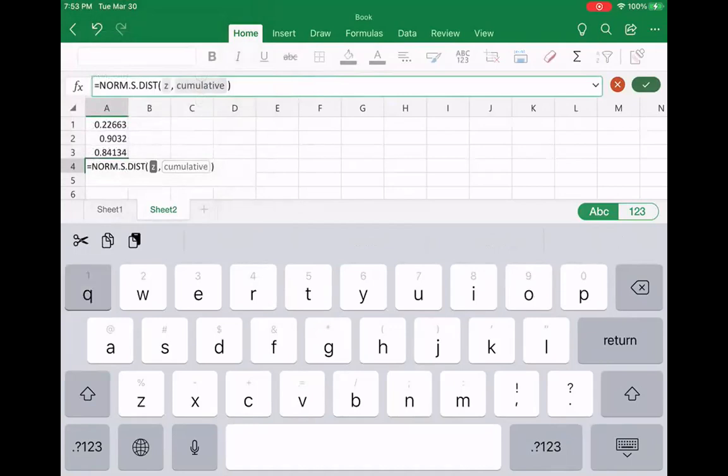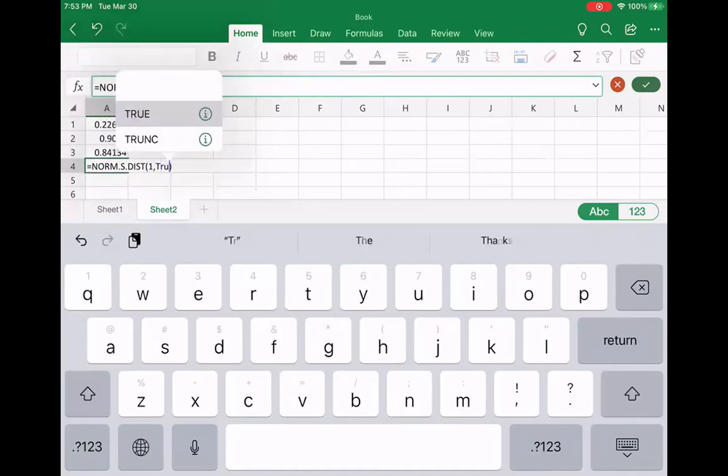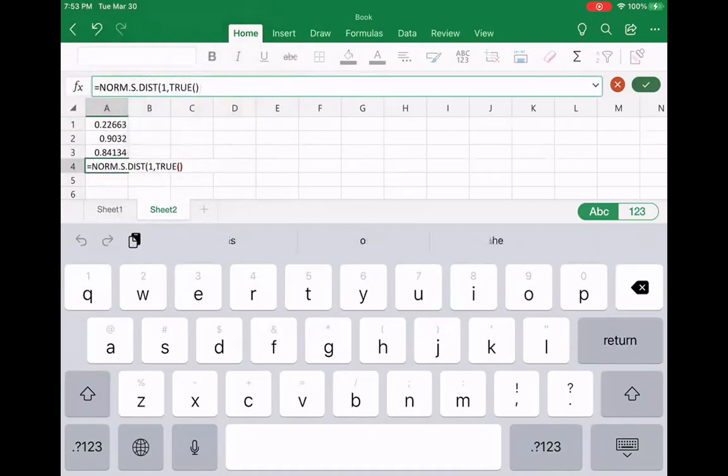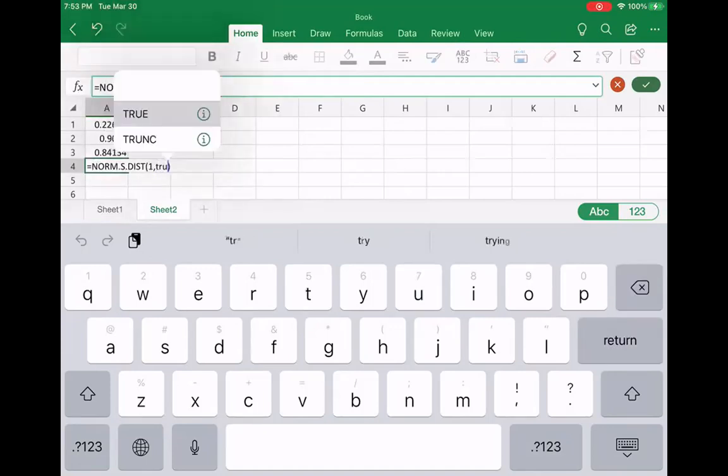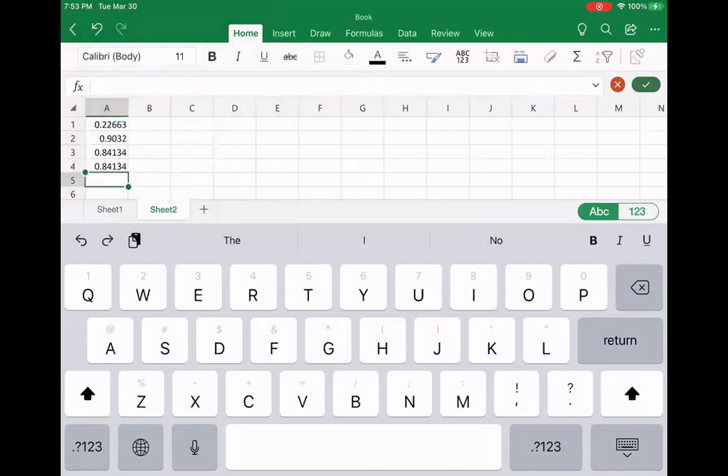Instead of doing -1, I'm going to do a +1 now, and set this to true. And I get the same thing. So it's just what your preference is. It's really your preference when it comes to doing these types of problems.